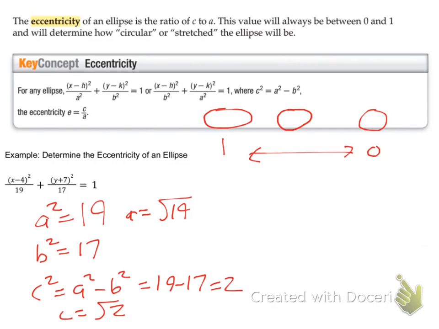Which means the eccentricity ratio is the square root of 2 over the square root of 19, which happens to be point what?